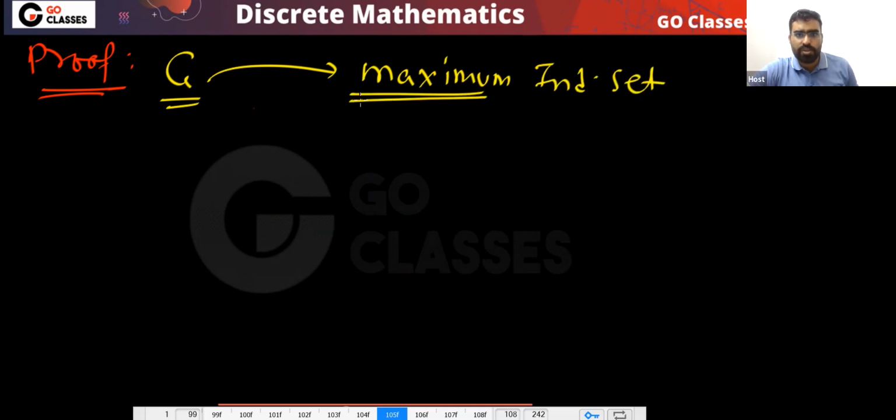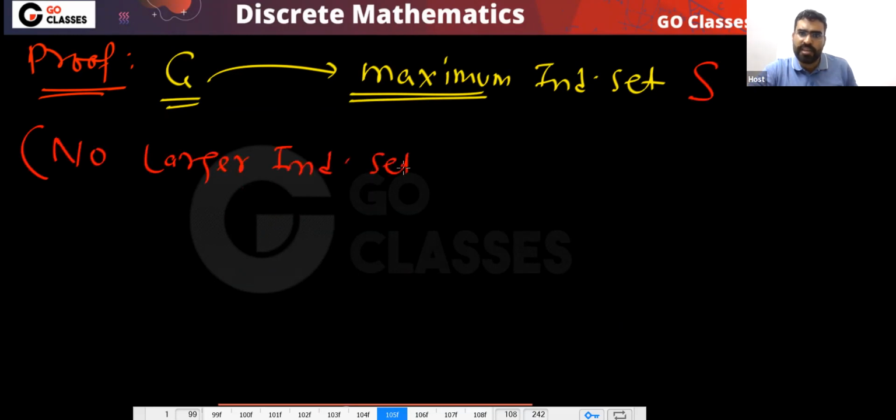Agree, Manisha? So there is no larger independent set than S in G. That is the definition of maximum independent set.